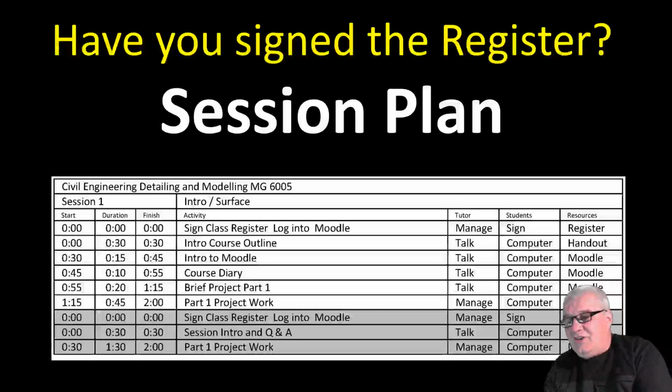Now we have a second class in the week, and in that class we'll sign the class register. Once I get to know who you all are, I can pretty much do the register without us having to sign any bits of paper.